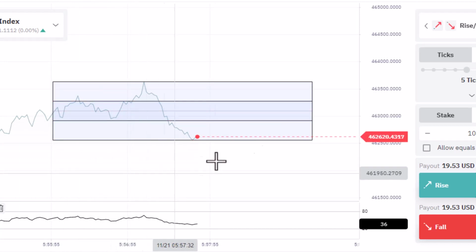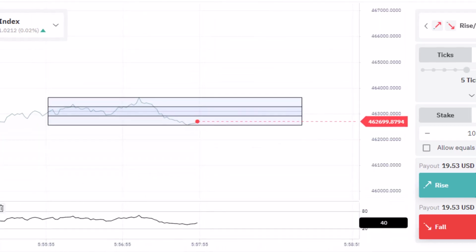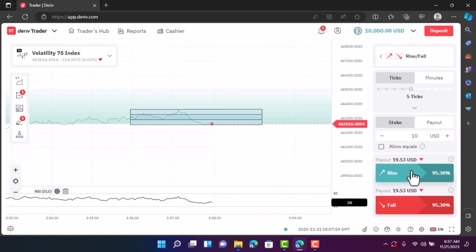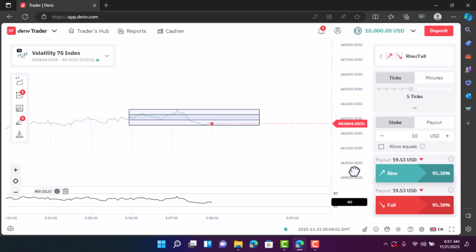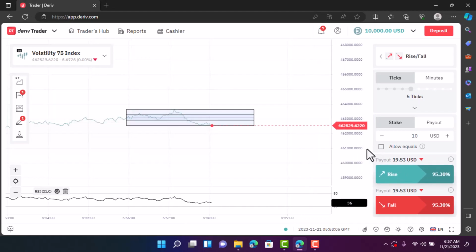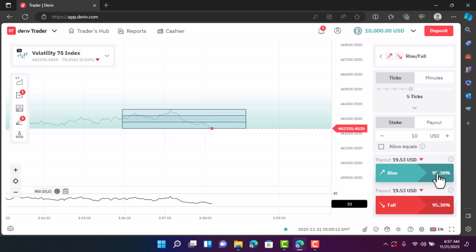So what we are going to do is, when we look at the general market trend, if it is going up, we'll be looking for buying opportunities. This rise is also known as buy, where you predict that the market will go up. See the arrow up, and when you successfully predict, you're going to get 95.3% as of now of whatever you stake.